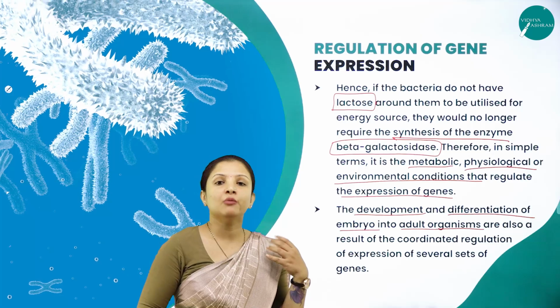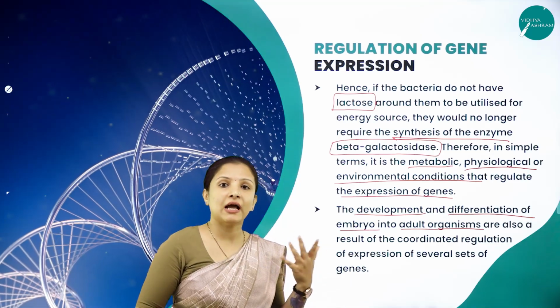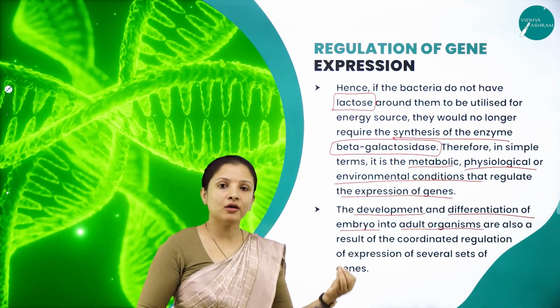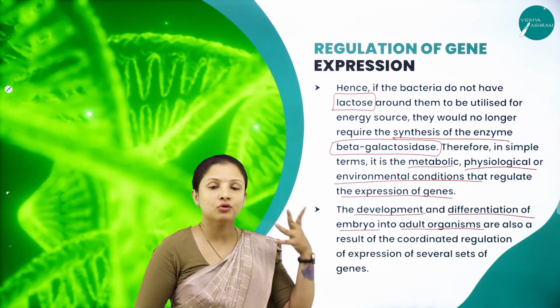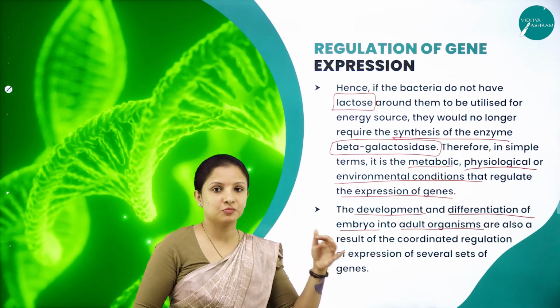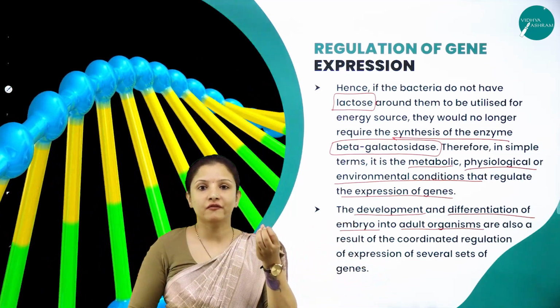So the development and differentiation of the embryo until it becomes an adult organism is all regulated by gene expression itself. For example, take even the texture of your hair and nails. Some of us have shiny nails, some have very dull nails, some have soft nails, some have brittle nails, right? That all depends on a protein called keratin. How much keratin, and what quality of keratin, is produced by the gene results in the condition of nails or hair.